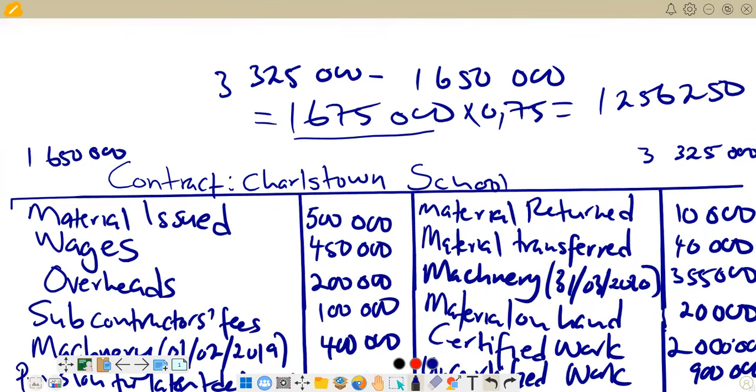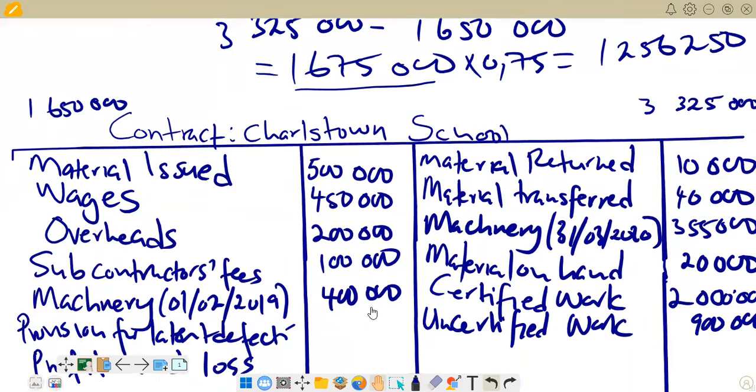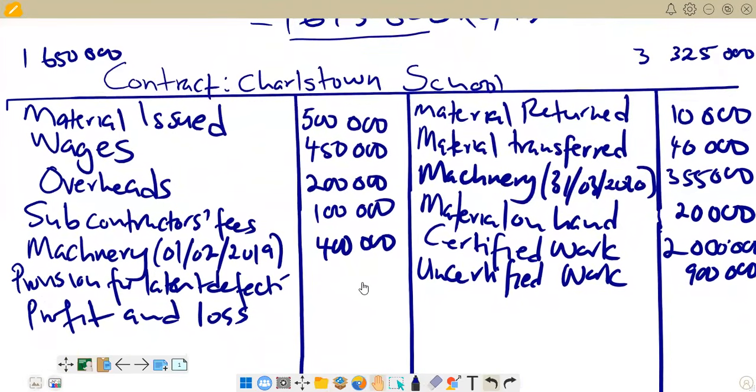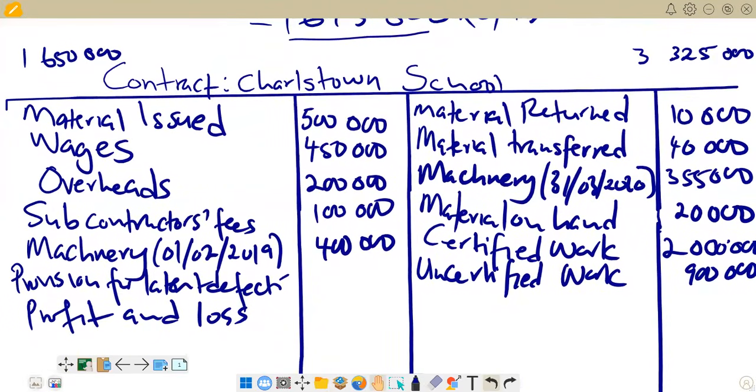So if you come here now on profits, the figure that is going to the profit and loss is 1,256,250. And then the difference is going to be the provision for latent defects.